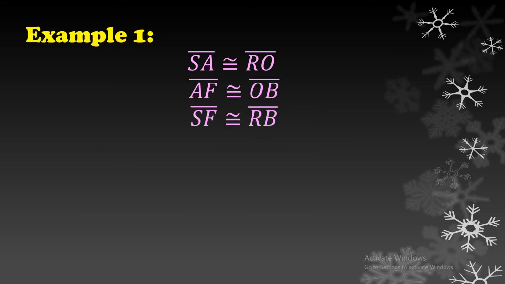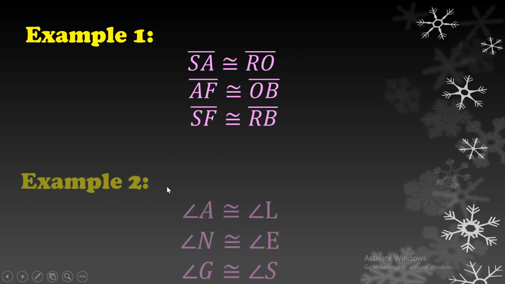Now, given these three corresponding parts of two triangles, can we prove that those triangles are congruent based on the SSS congruence postulate? Very good. It's a yes, because given here are the three pairs of corresponding congruent sides of two triangles. How about in this example?